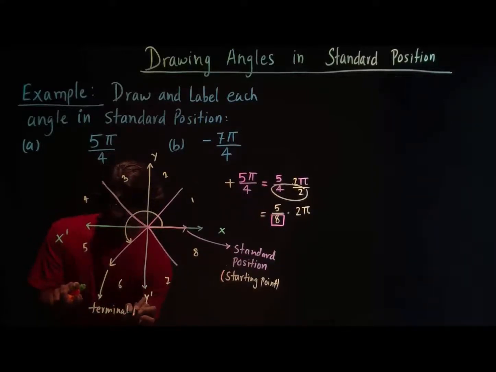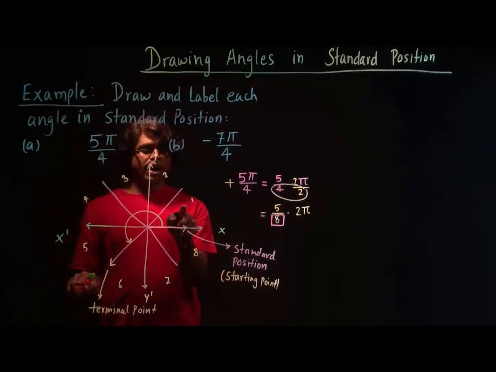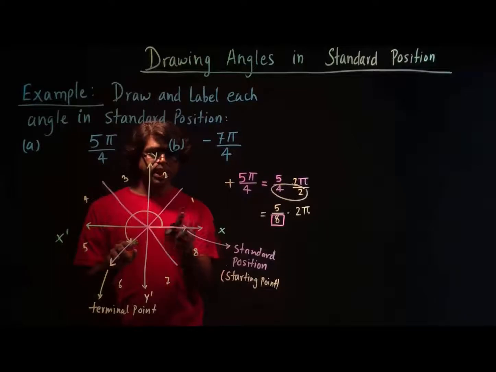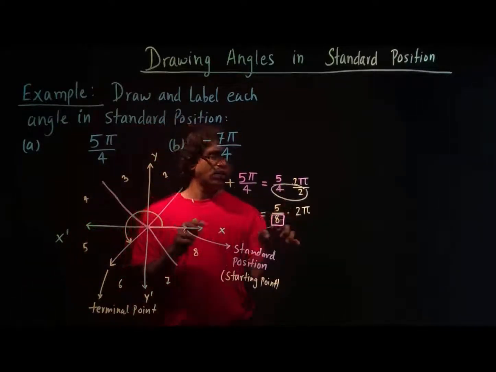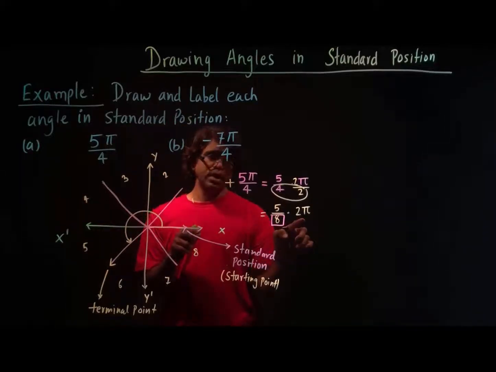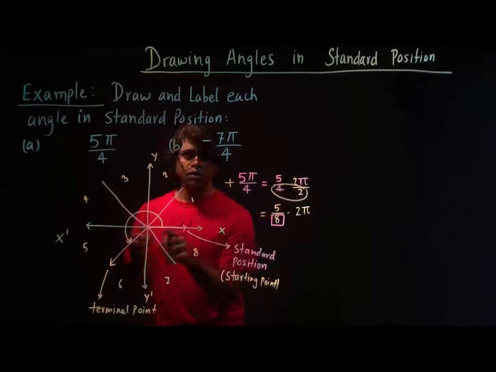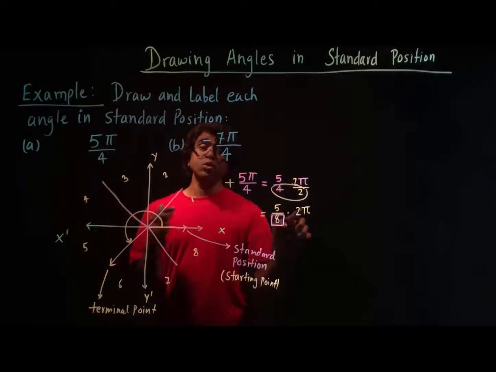We are going 5 parts out of 8 parts, which is 5 out of 8 of 2 pi. If we went all the way around we would have 2 pi, but we don't need 2 pi.